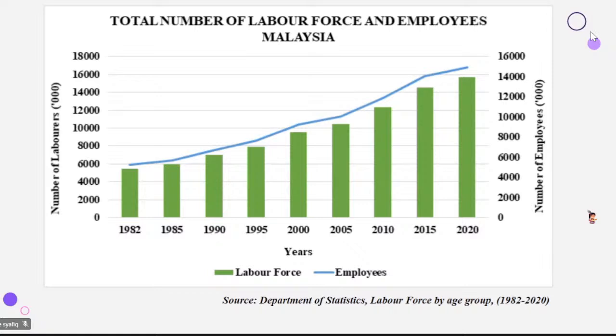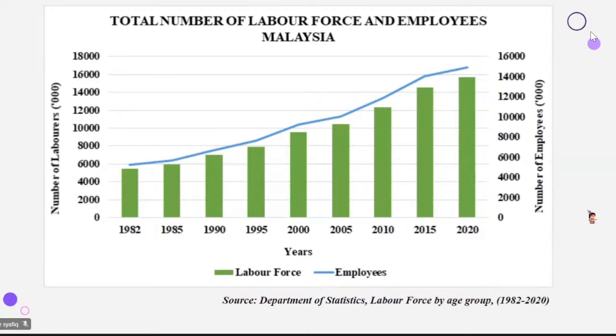As the population increases, our idea statement is that the number of the labor force also increases. The labor force, also known as tenaga buruh, refers to the people who are aged 15 to 64 years old. Referring to the first graph, I will just go very fast.